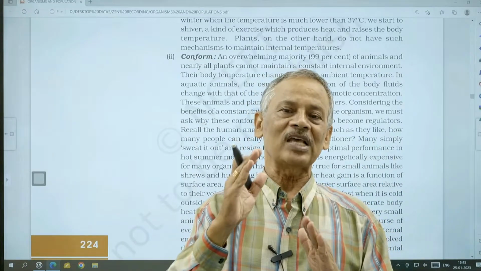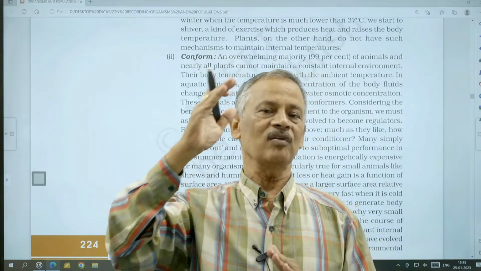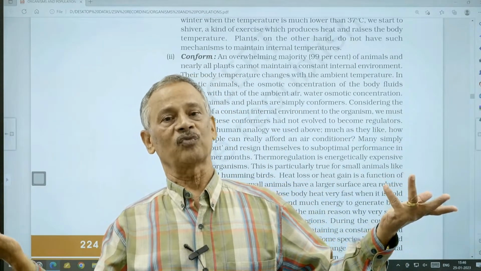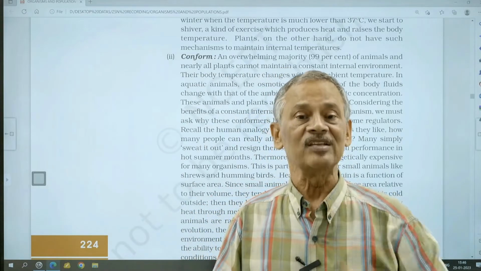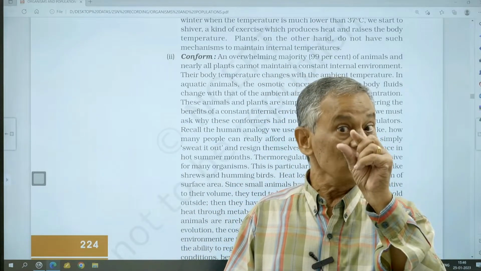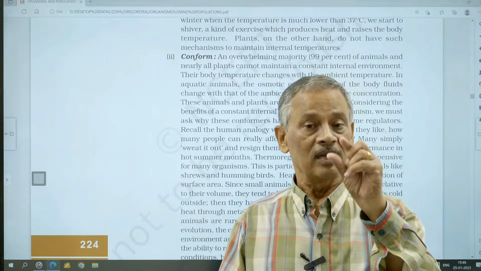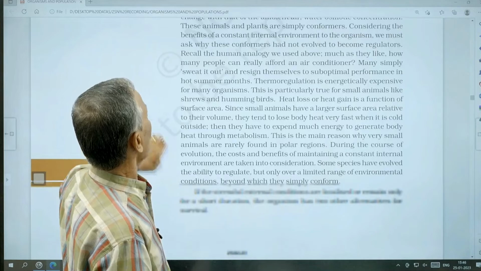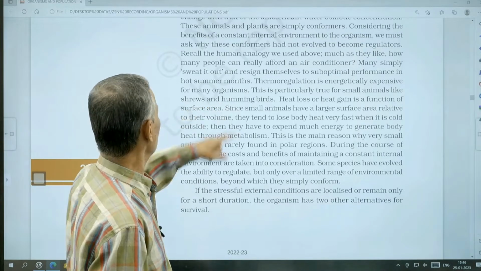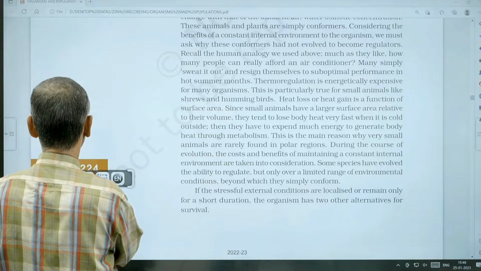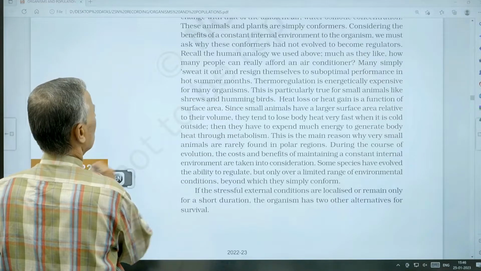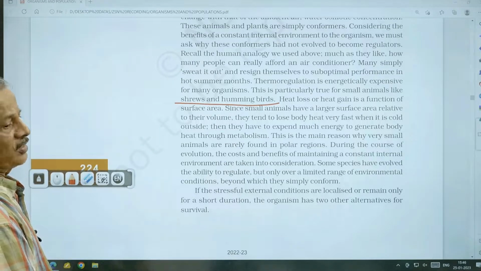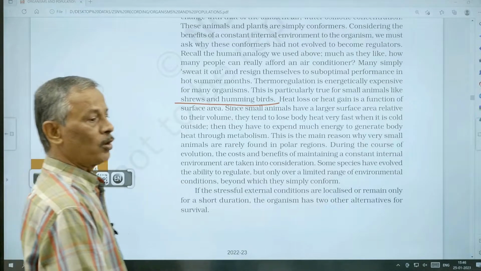So mammals and birds have the advantage of always having a constant, steady internal environment, for which they are all spending a lot of energy. This is the reason why small-sized animals like the hummingbirds and shrews, the hummingbird is a bird and the shrew is a mammal, both of them warm-blooded, homeostatic, when living in very cold areas, what's happening?